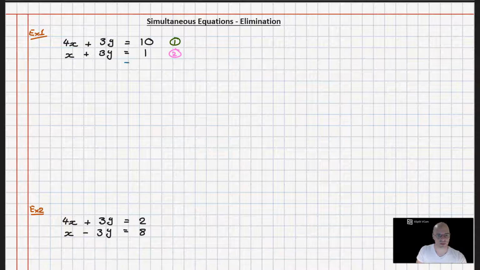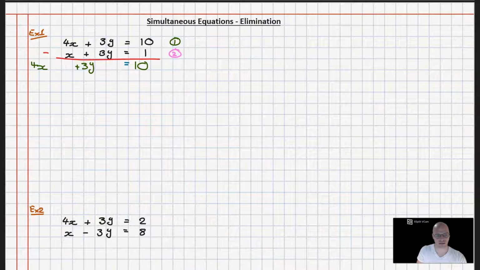So what that's going to look like is I'm going to draw a bar underneath these two equations here. I'm going to draw a minus symbol to denote I'm about to do some subtraction. Then I'm going to write 10 for x and then plus 3y.